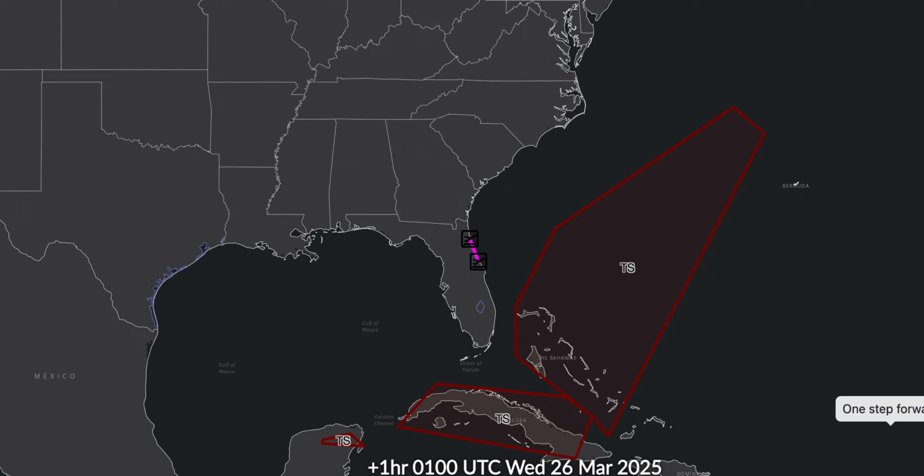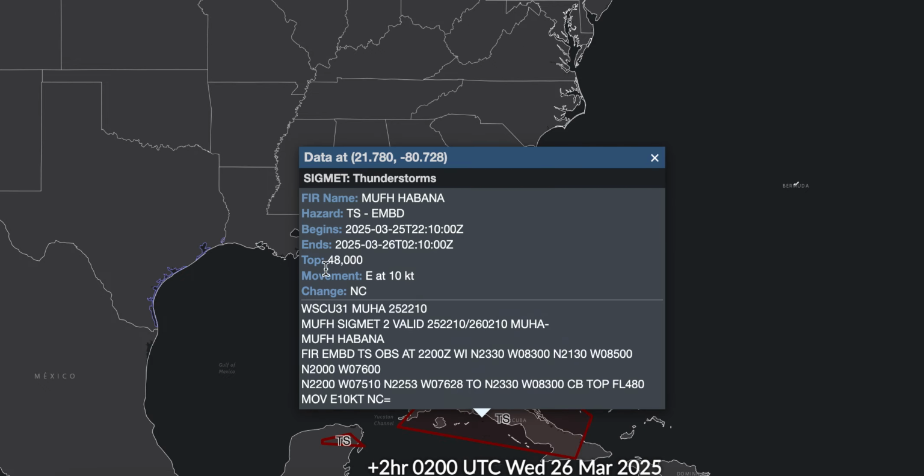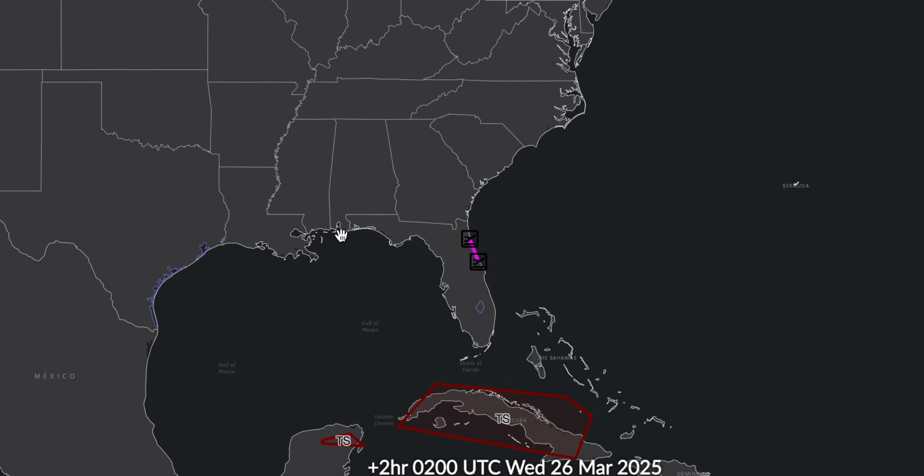We can expect that to basically shoot away from us, and it doesn't even affect where we're at anyway. And there is one over Cuba down here. It's moving east at 10 knots, so they're going this way across the screen, which is totally fine. This isn't even going to hit us. It's not even going to affect us.